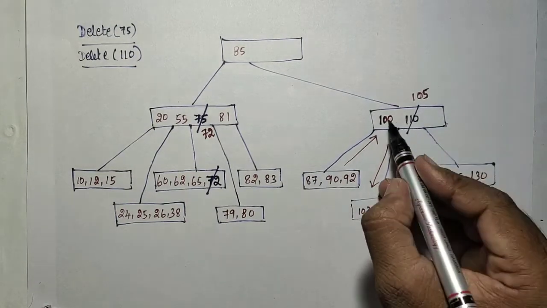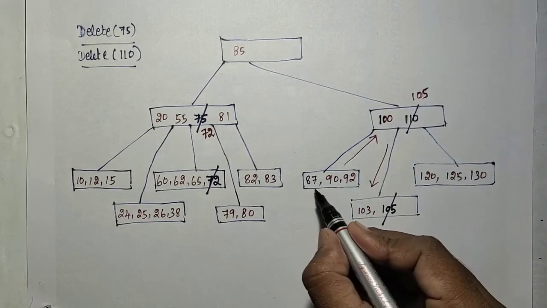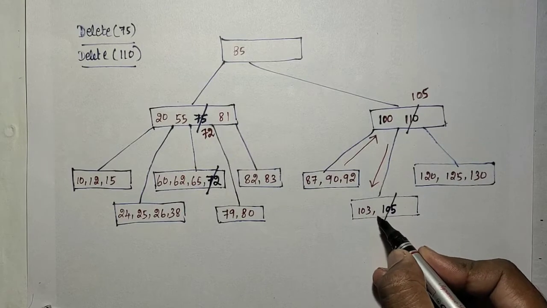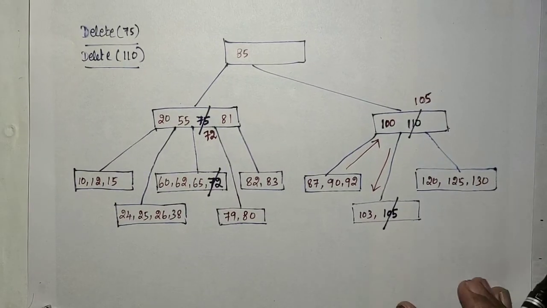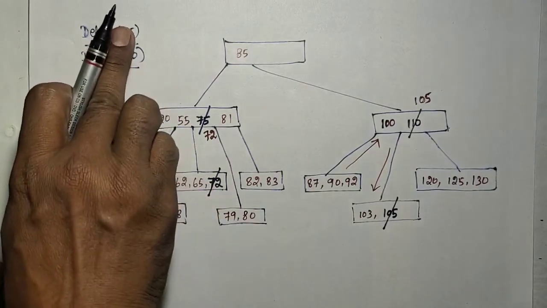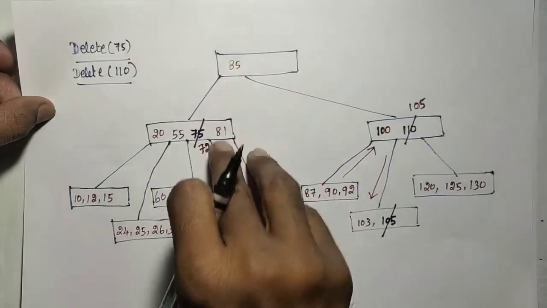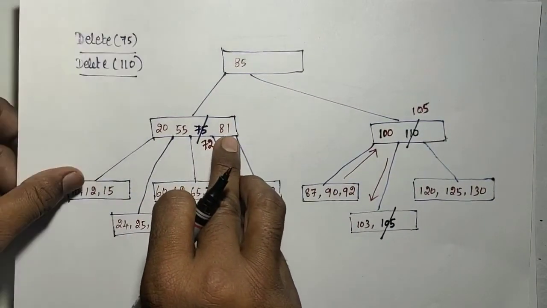So this will become 92 and 105, and this is having only 87 and 90, and this is having 100 and 103. So after deleting 75 and 110, here we have 85; here 20 and 55; in this place 72 and 81.